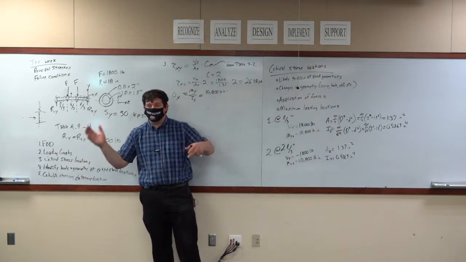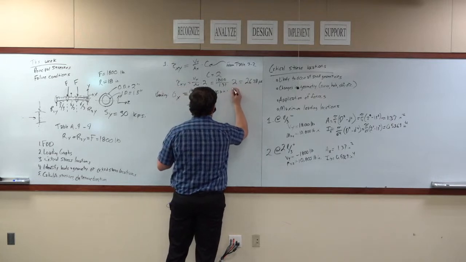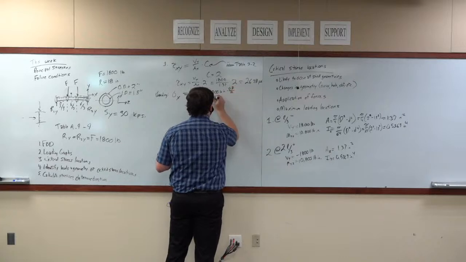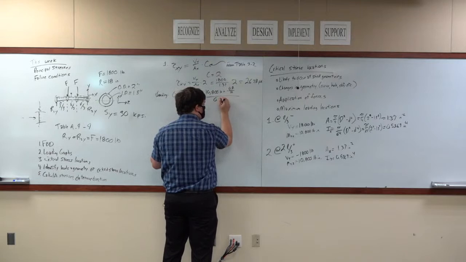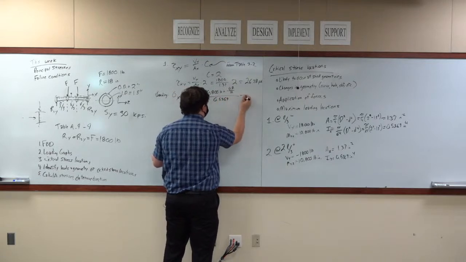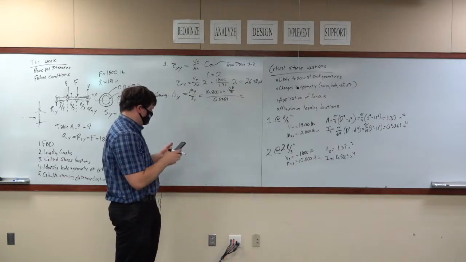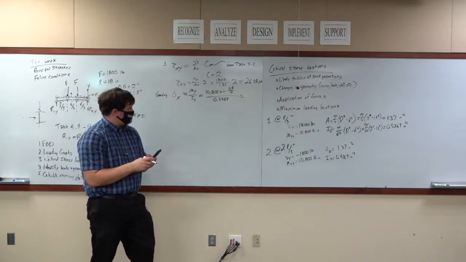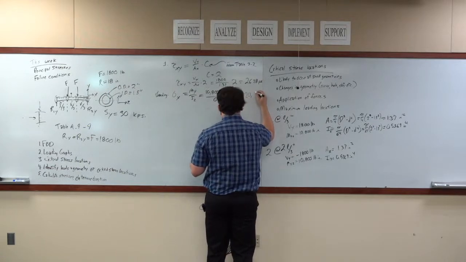The beam is symmetrical, so y is going to be equal to half the diameter, or OD divided by 2, divided by Iz, which we calculated as 0.5369. Okay, OD is equal to 2, so that means 10,800 divided by 0.5369 means our bending stress is 20,115 psi.